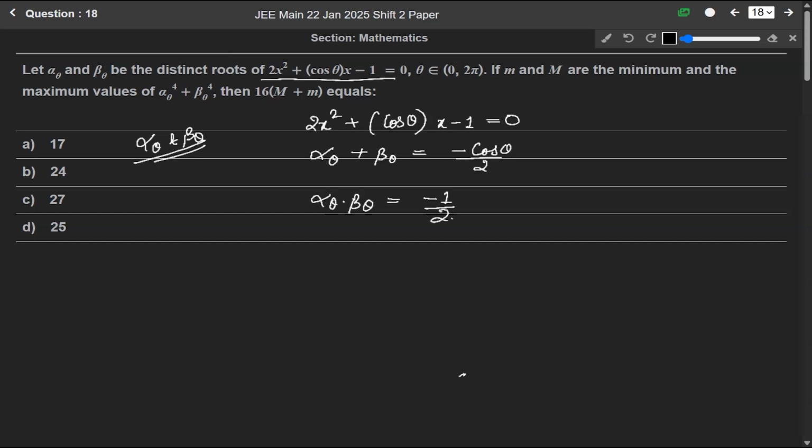Okay, so from here we can write alpha theta square plus beta theta square equals (alpha theta plus beta theta) whole square minus 2 alpha theta beta theta, and that is cos square theta by 4 plus 1. Okay.